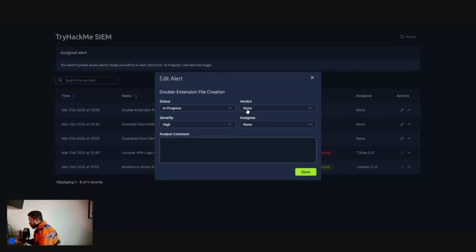After analysis, we can decide that we want to put it as critical, or as medium, or as low, right?